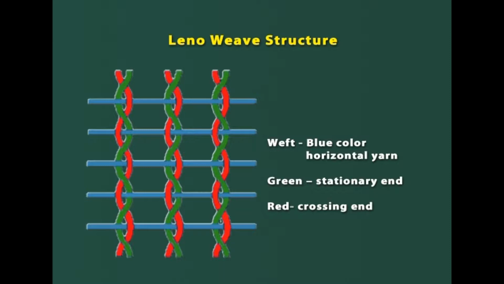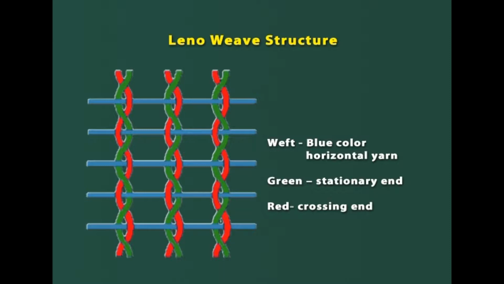The crossing ends, on the other hand, appear on the right and left side of the stationary end or the ground end, and these crossing ends appear alternatively on the right and left side of the stationary end. Once the fabric is removed from the loom, the stationary ends bend under the stress of the crossing ends.